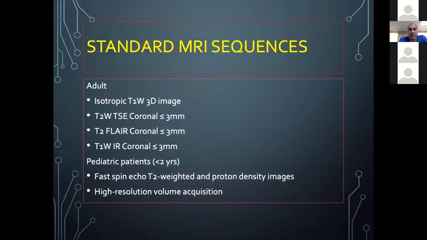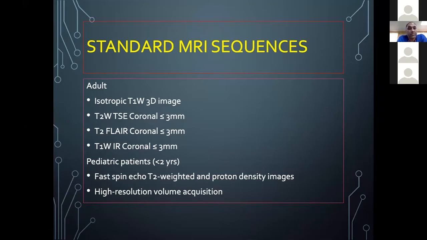What are the standard sequences which are useful? One of the most important is to do an isotropic 3D T1 weighted image, and do high resolution T2 coronal images with a high spatial resolution, preferably 3 millimeter or less in slice thickness. The same goes for FLAIR images, and you can use a T1 weighted inversion recovery.